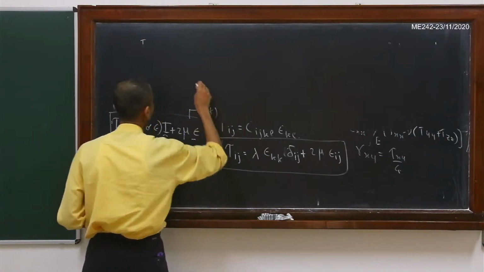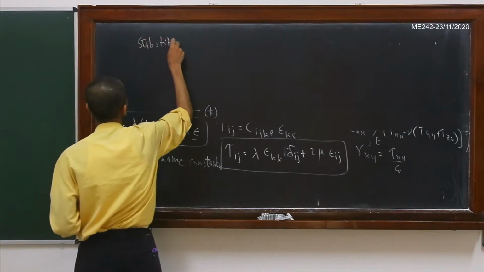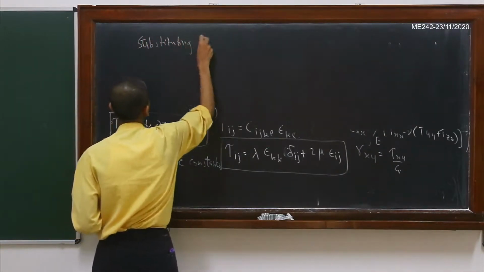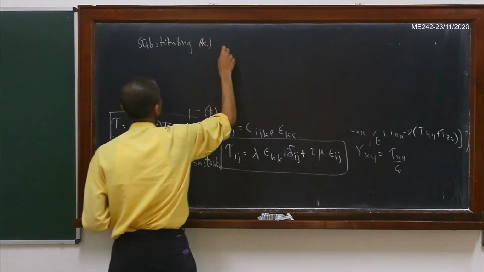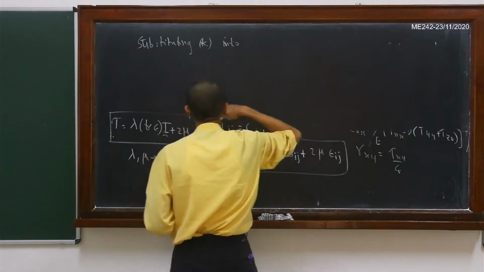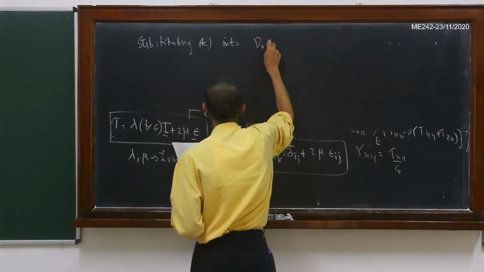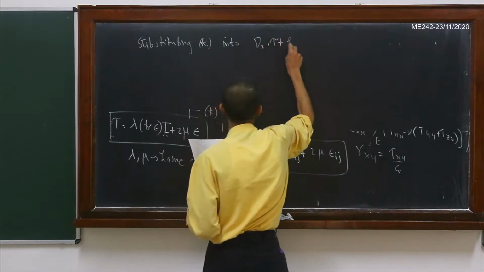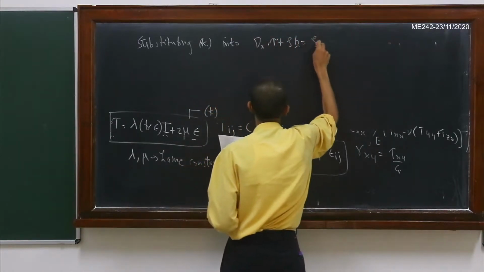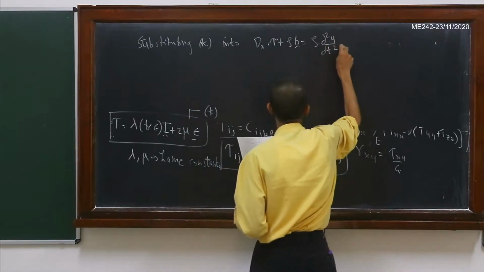So substituting star now. Substituting star into del dot tau plus rho b is equal to rho times del square u by del t square.